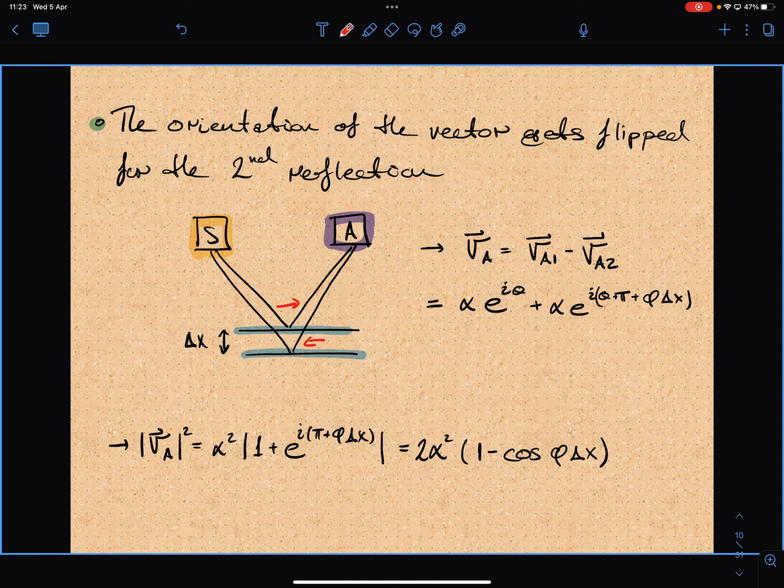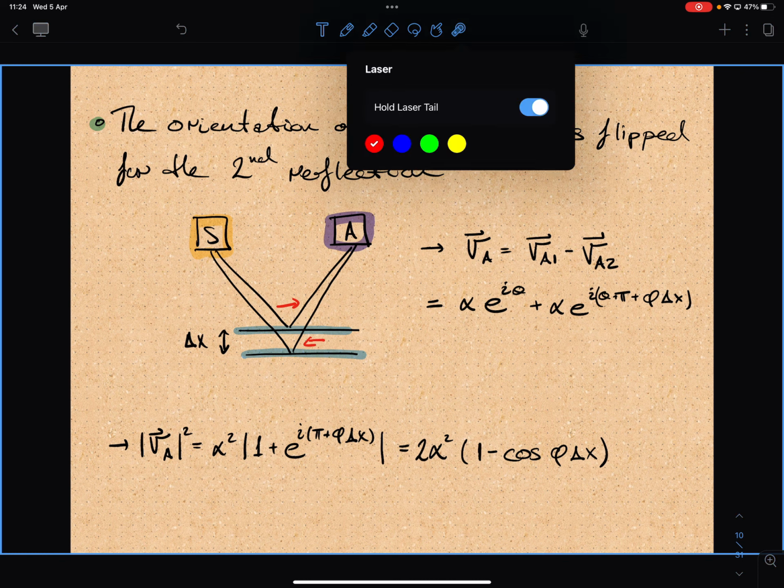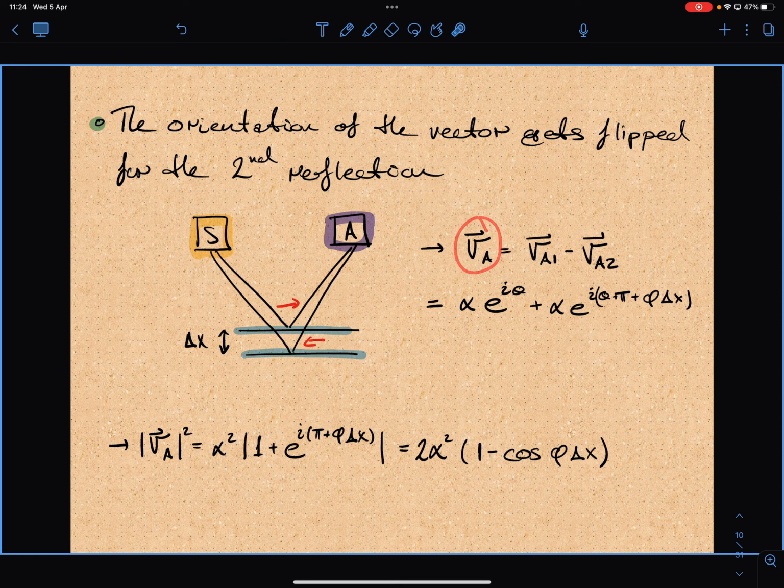It's going to get flipped. And so what that amounts to is that this reflection vector detected at A is going to be made up of two vectors, one coming from the first reflection and the second one coming from the second reflection. And the minus sign is denoting that the vector gets flipped in the second reflection.